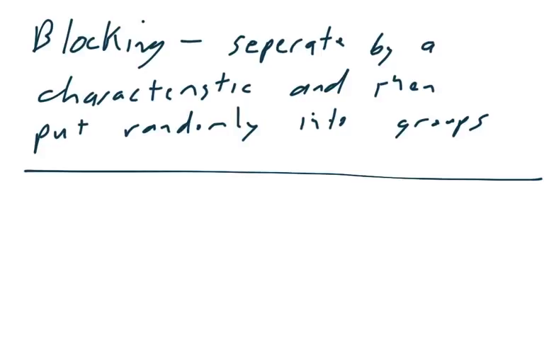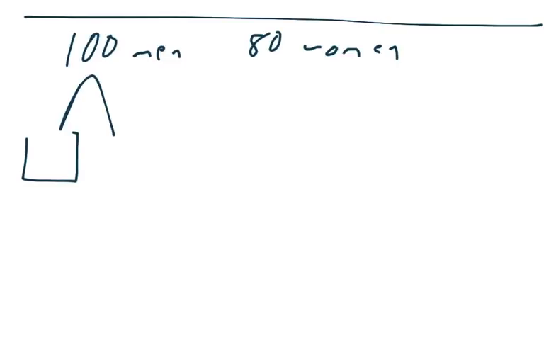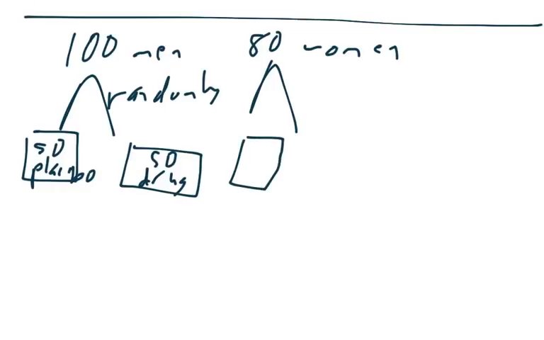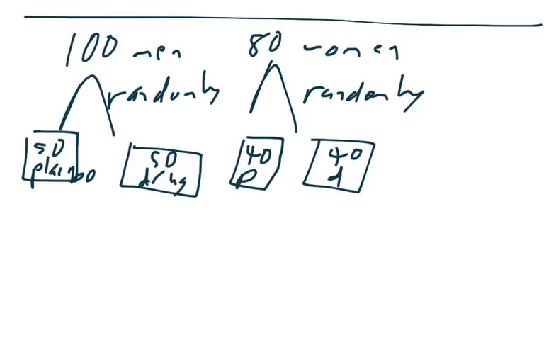So we are going to do a diet drug experiment that we believe differs based on gender. So we are going to take, let's say that we have 100 men and 80 women. So we're going to separate them out, and we are going to randomly assign 50 to the placebo and 50 to the drug, and the 80 women we're going to assign randomly 40 to placebo and the other 40 to the drug.